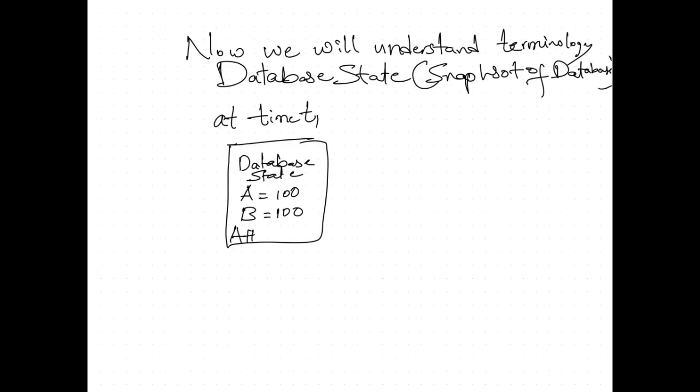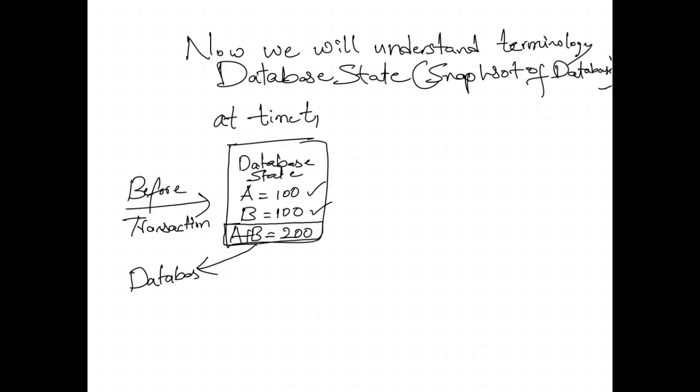Now what is the sum? It is 200. So before the transaction, at time t1, A plus B is equal to 200. Is this correct? Yes, summing A and B I get 200. This is the correct result. When this is correct, it means the database state is consistent.